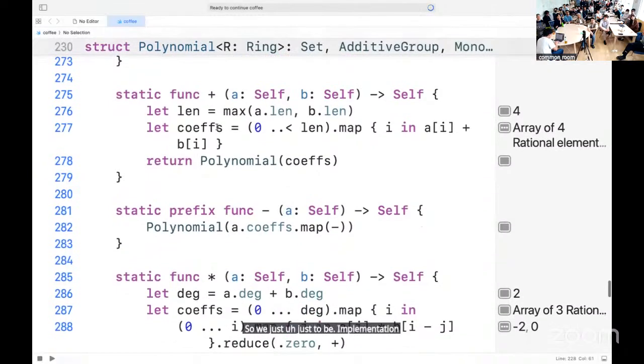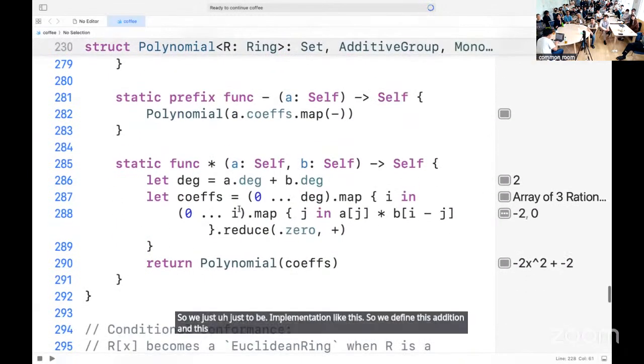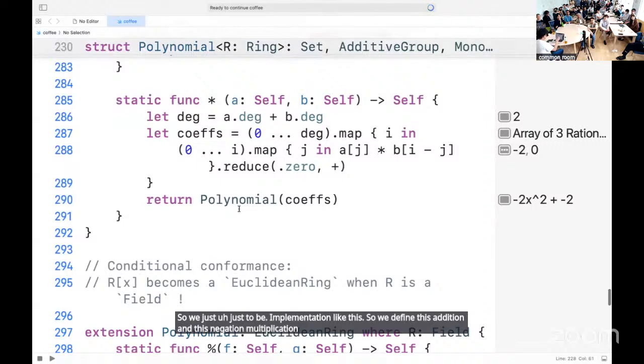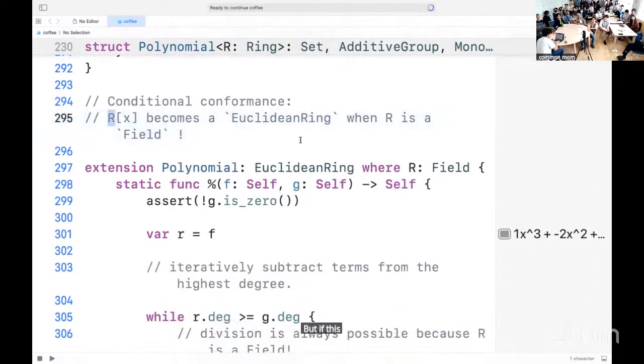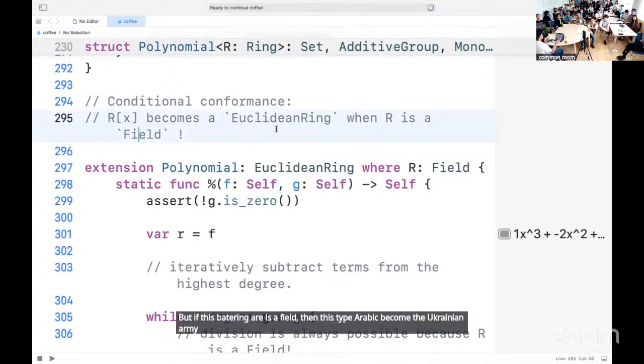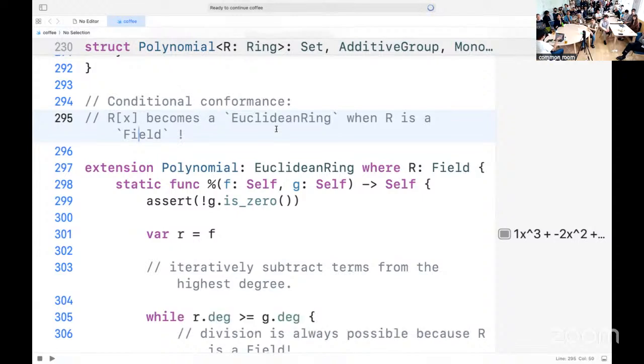We define addition, negation, and multiplication, but we don't have division, because if we divide a polynomial by a polynomial, we usually don't get a polynomial. But if the base ring R is a field, then the type R[x] becomes a Euclidean ring, meaning that we can do the remainder operation for polynomials.